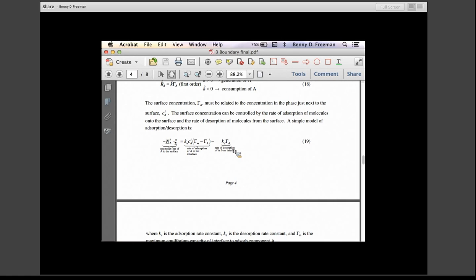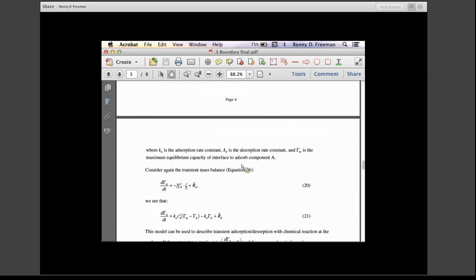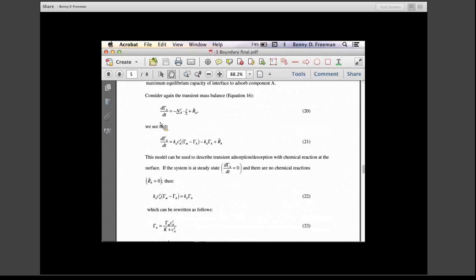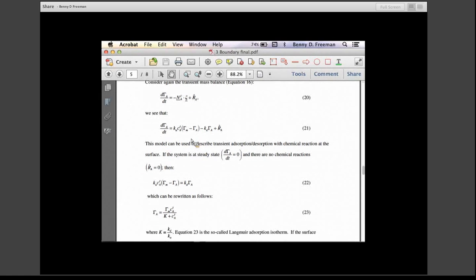And so if we come back to this transient mass balance and insert these expressions for the flux, we can generate this result for the transient mass balance on a surface where we have adsorption, desorption, and chemical reaction at steady state.